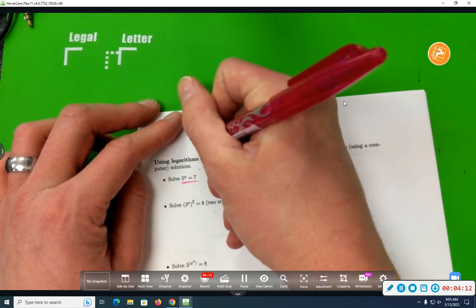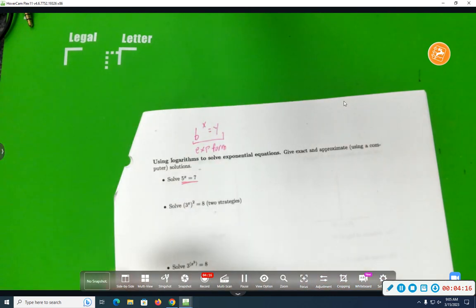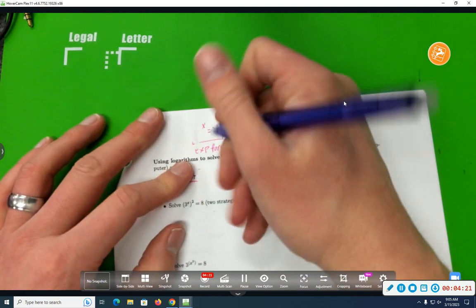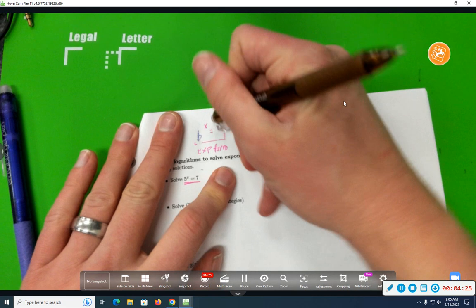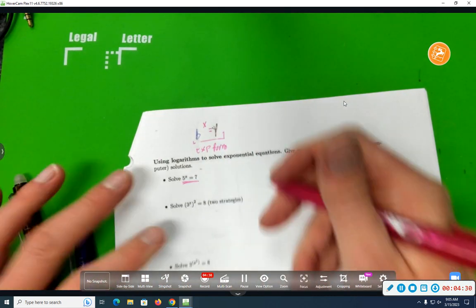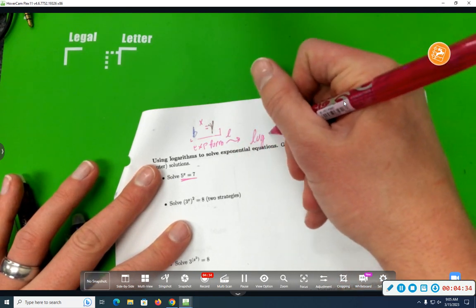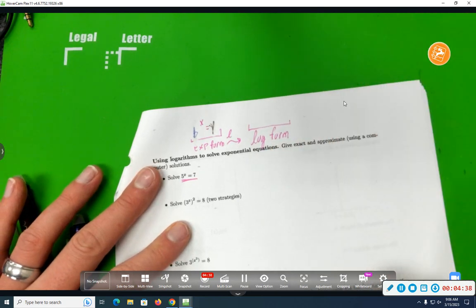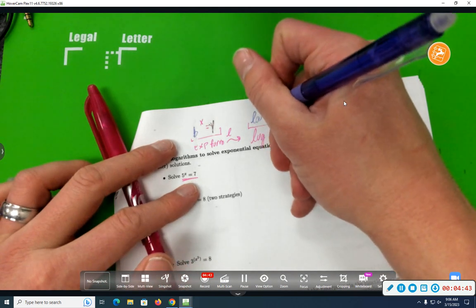Here we see an equation in exponential form. You can color code it a little bit. So if you take that thing in exponential form and put it into log form, you get the new equation: log base b.